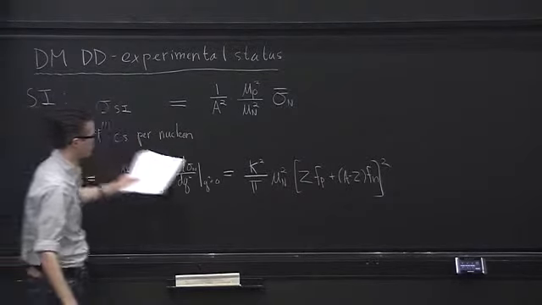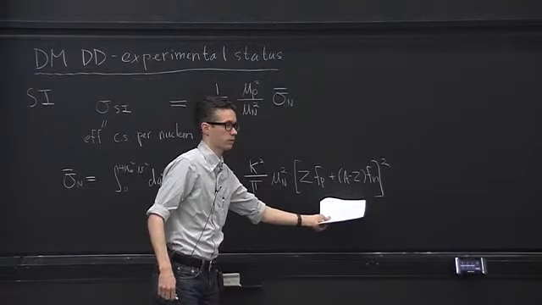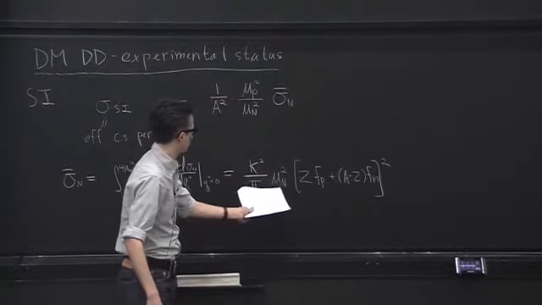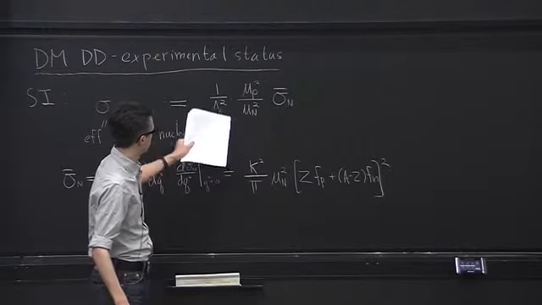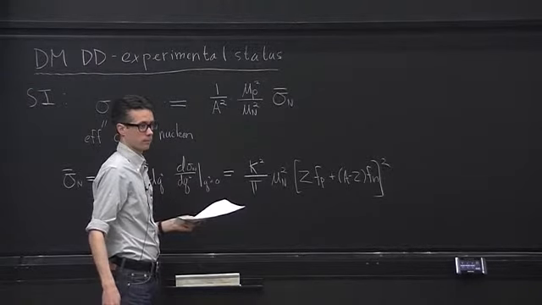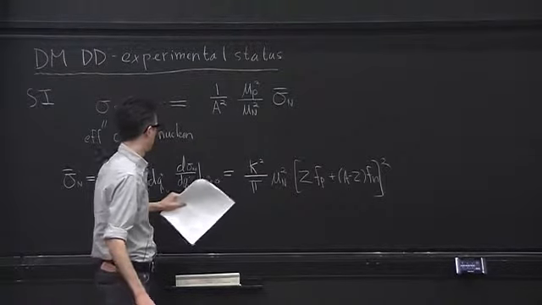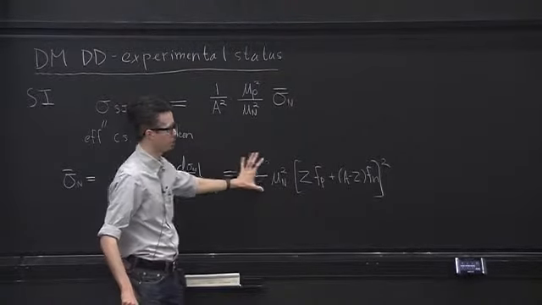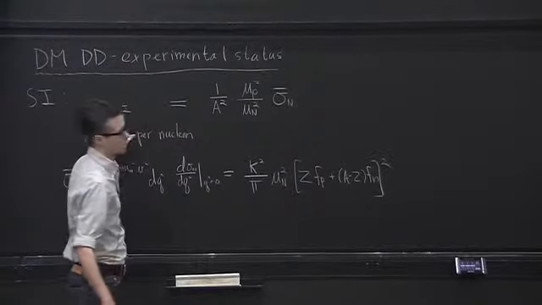And dividing off by A squared essentially normalizes this by the enhancement from the coherence. And we also replace the mu n squared that depends on the specific target mass by the reduced mass of the dark matter proton system. So the point is that we're factoring off. This is the thing you actually limit in the experiment, but you can recast the limits on this as limits on this effective spin independent cross-section.